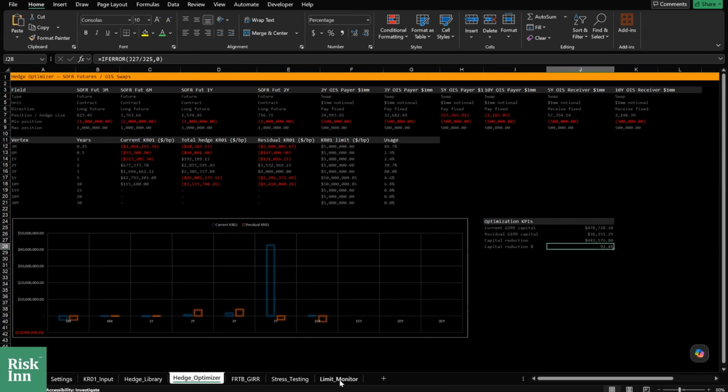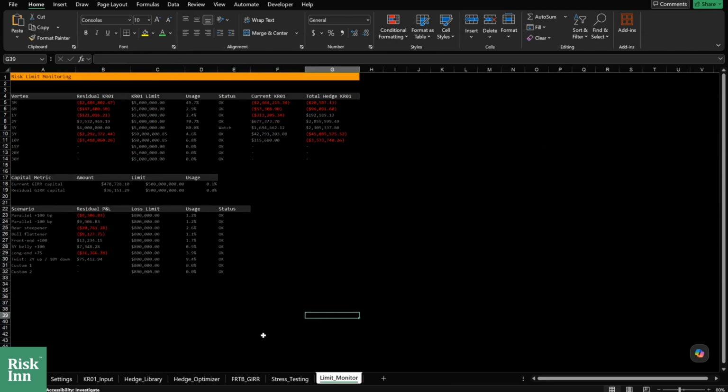Now, talking about limits, typically banks will have these kinds of limits set up. Okay. So for different risk factors, what is the limit? How much exposure can we take? How much exposure is there right now? This is the current, and this is after the hedging, and the usage is well within 100%.